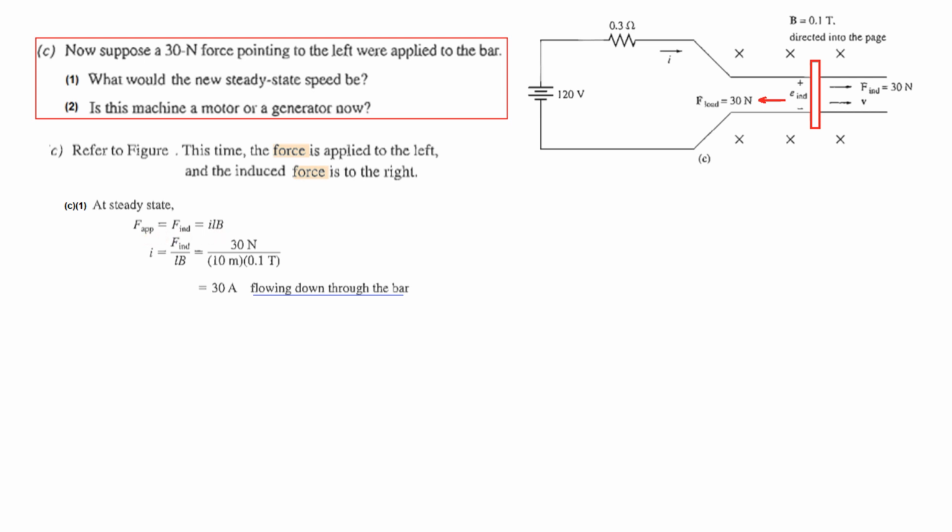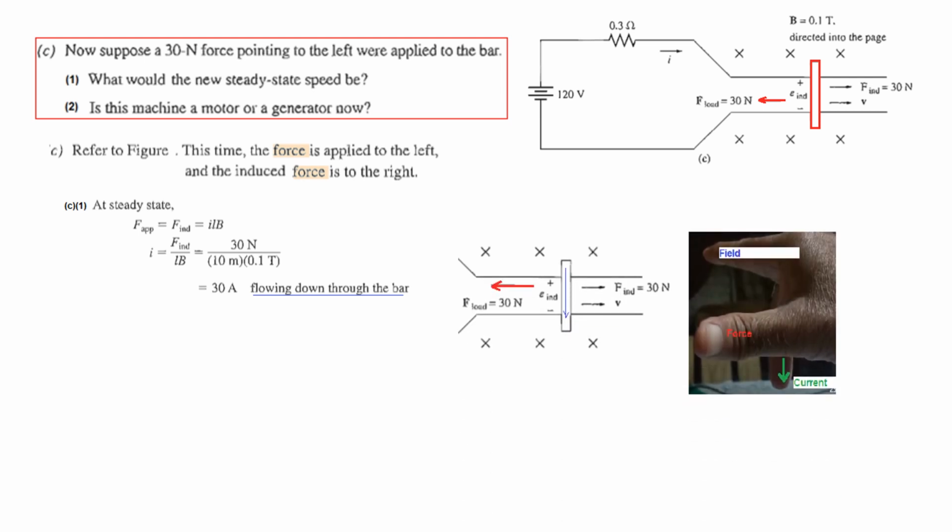From the formula we learned earlier, F applied is equal to F induced is equal to ILB. So F induced will be 30, and putting in the values of L and B, in this case also the current is 30 amperes. To find out whether it is flowing down the bar or up the bar, we use Fleming's right hand rule.